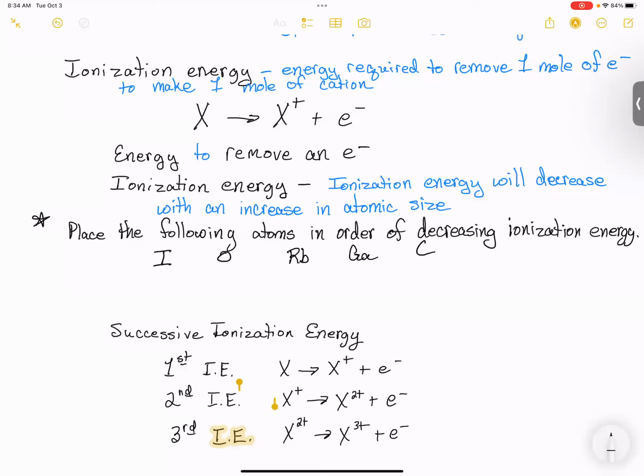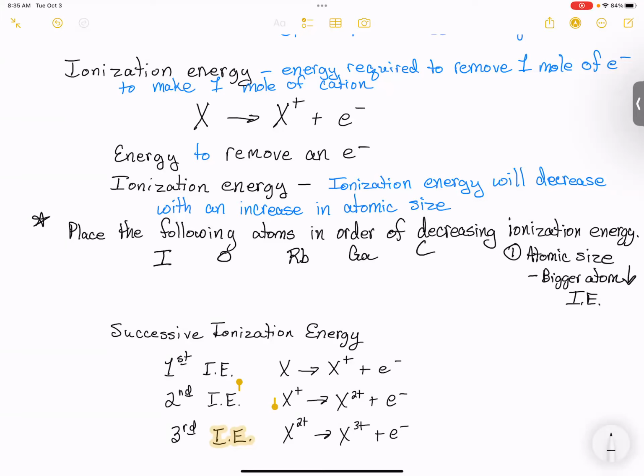In other words, folks, the first thing I'm going to do is determine atomic size, which we just did. Because bigger atom, lower ionization energy.